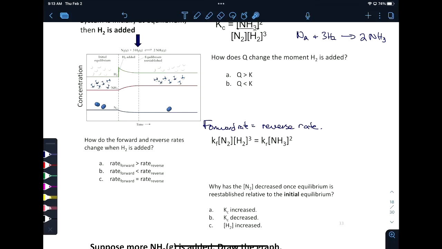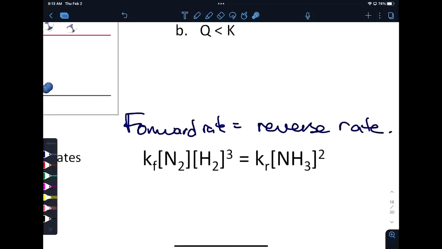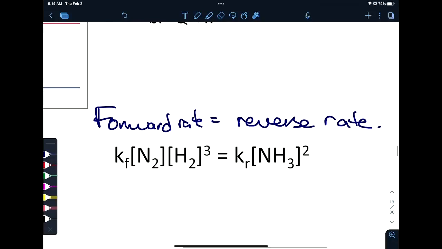If we add hydrogen gas, remember our first example, we disrupt the equilibrium, and the reaction will go in the forward direction in order to reestablish equilibrium. So if we think about this, I'm just going to zoom in here real quick. If we increase the concentration of H2 that's initially at equilibrium, what rate do we change at that moment?